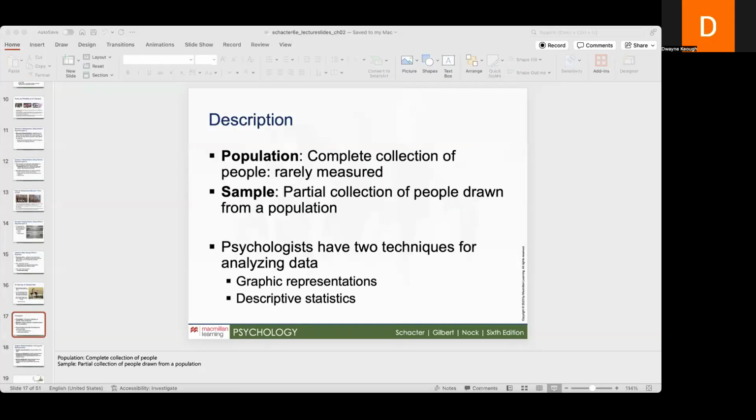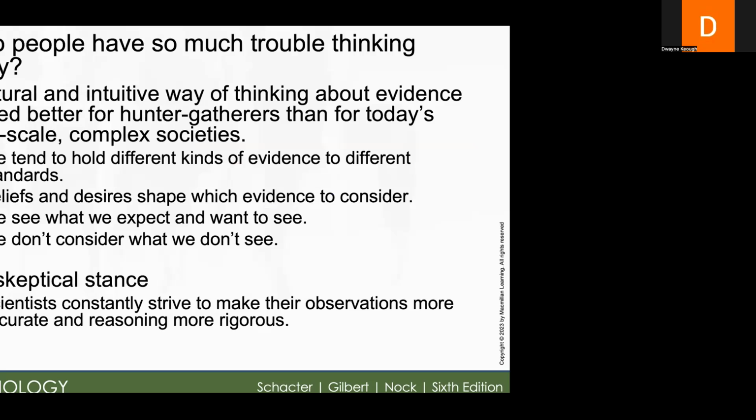Why do people struggle to think critically? What do you think about this? A natural and intuitive way of thinking about evidence really worked better for hunter-gatherers than it does for the large scale complex societies that we live in today. Now, the reality is sometimes it's hard because we like to hold on to our own opinions. We want to believe the world is the way that we think it is, rather than the way that it actually is.